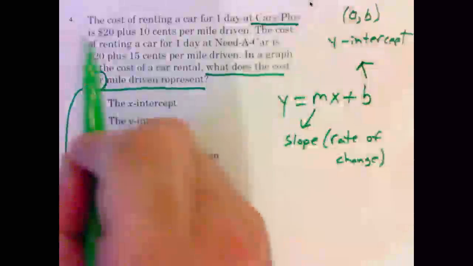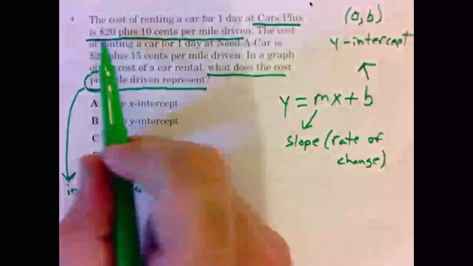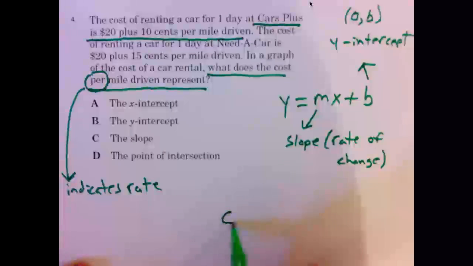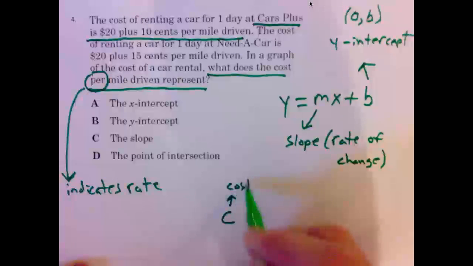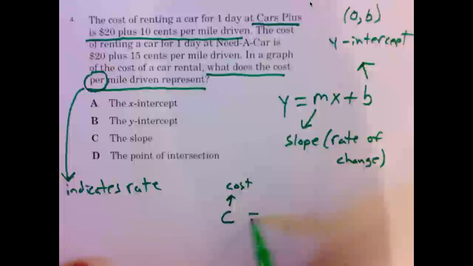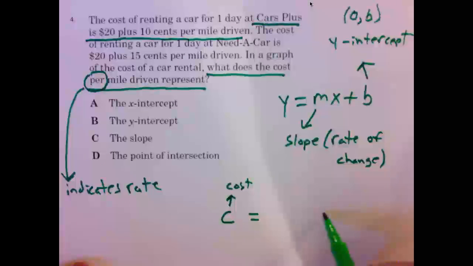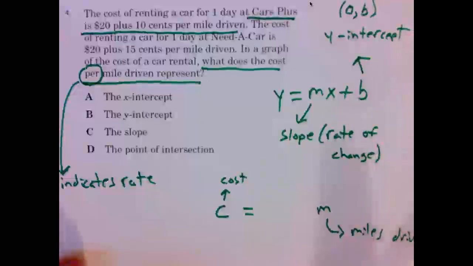Cars Plus. Their cost is $20 plus 10 cents per mile. So I'm going to let C be my cost, and I'm going to let M be my miles driven.